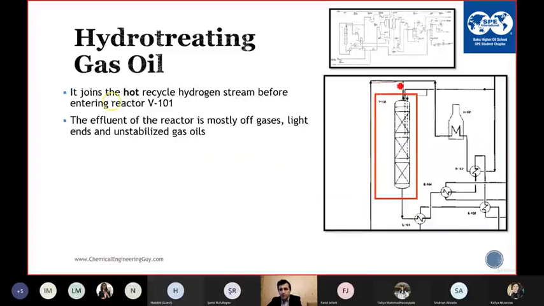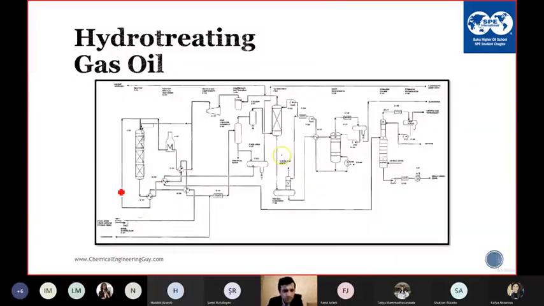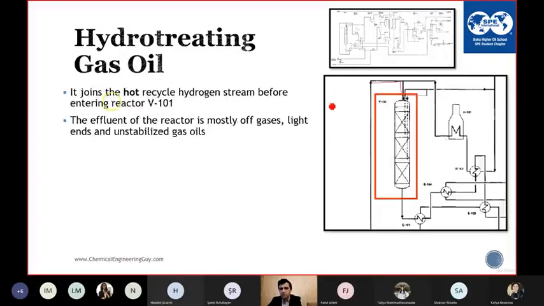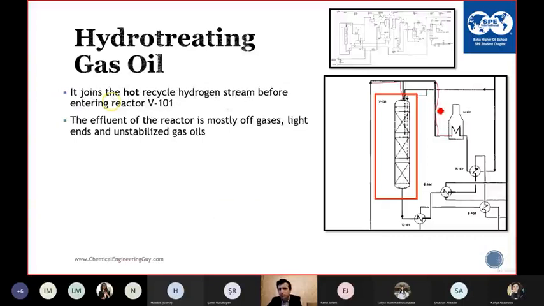So the feed mixes with the hydrogen. Something is actually wrong in this scheme, because the feed should come from the heater, since we want to heat it to around 400 degrees Celsius, and then it mixes with the hydrogen and is sent to the reactor from the top.